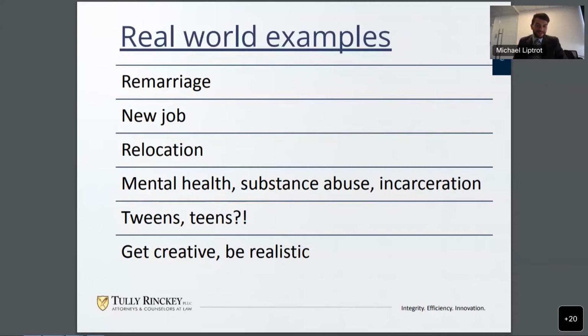I put maybe an exclamation point there: tweens, teens. Kids are always getting older, and that's a fact of life. And if you entered into your order when they were younger, maybe you had a 4, 5, 6-year-old at the time of your original order, they grow up, they're hitting puberty, they're developing.